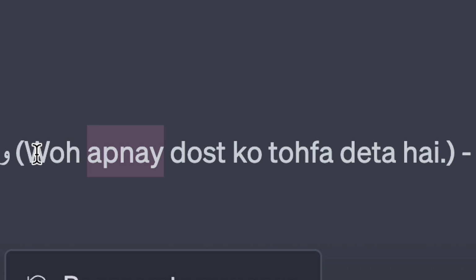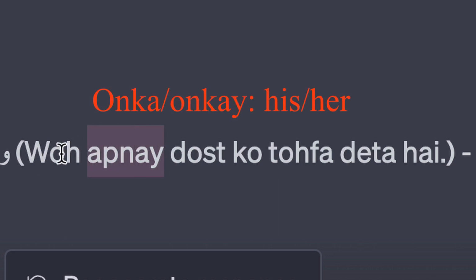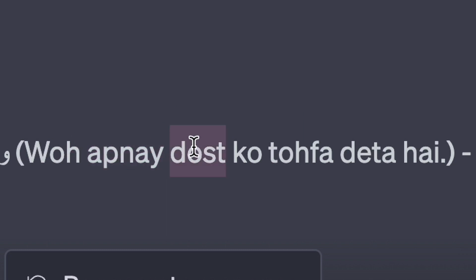The possessive adjective will become apne or apna or apni. Here it's implied that it's men because the e sound is for men. So apne dost, his friend. अपने दोस्त को तोहफा देता है. तोहफा means gift. देता है. He gives his friend a gift.